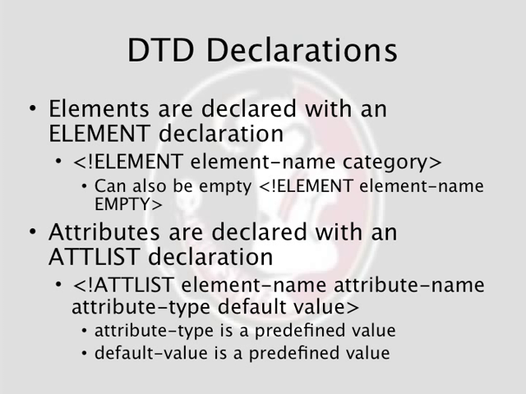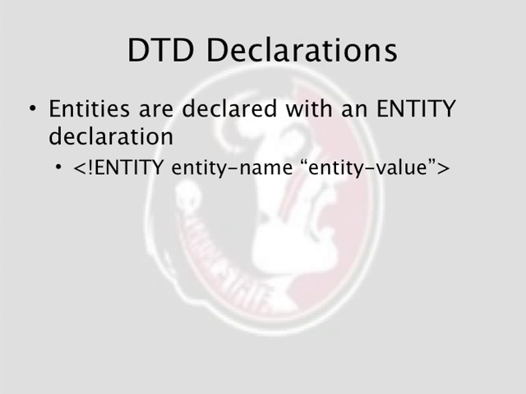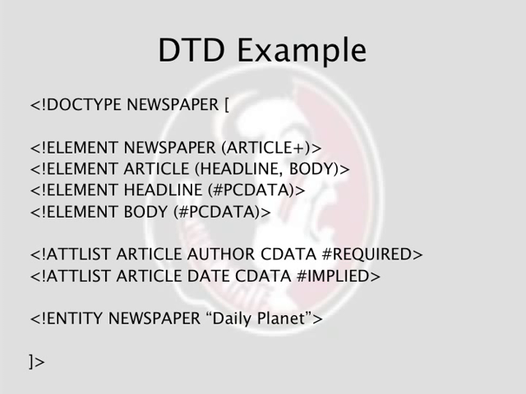Attributes are declared with an ATTLIST declaration. Here's another example of one of those. The attribute type is predefined. The default value is predefined. Entities are declared with the entity declaration. Basically it looks the same. Here's an example of everything.